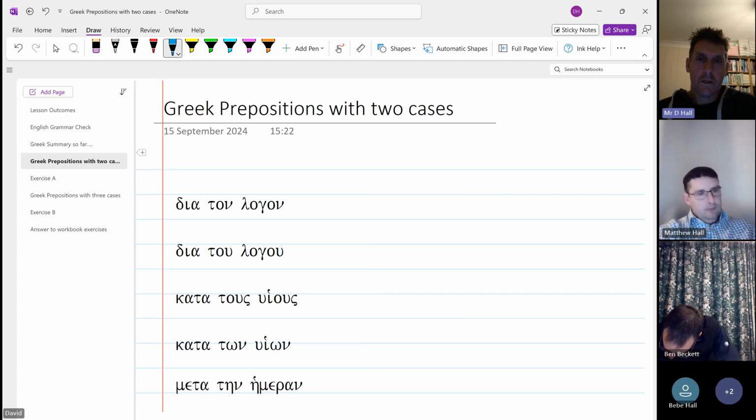All right, so we need to look at this little variance, and the reason why you have a different case after a particular preposition is because it means something different. And so we're going to have to learn a little bit more than we do for the one case prepositions, where en always follows with the dative, therefore it's always in. It's not quite as simple when it comes to these prepositions.